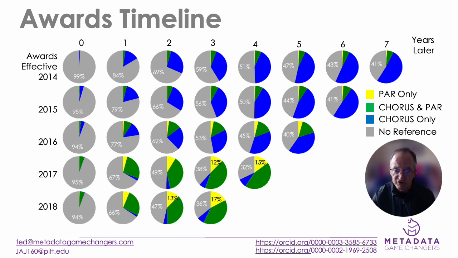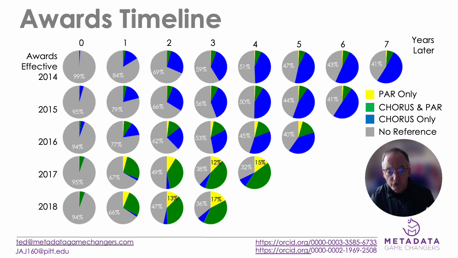The percentages in PAR only are shown in these slices when they're above 10%, and we can see that for awards in 2017 and 2018, even after only 3 or 4 years, many of those awards are showing up in PAR and or in chorus and PAR.